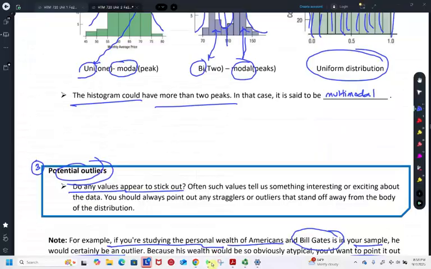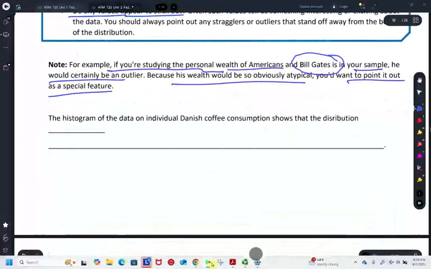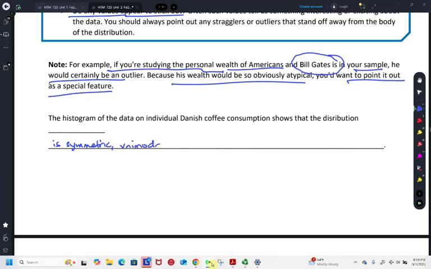So my response talking about the histogram of the data is that it shows that the distribution is symmetric, unimodal, with no extreme outliers. That would be my response.